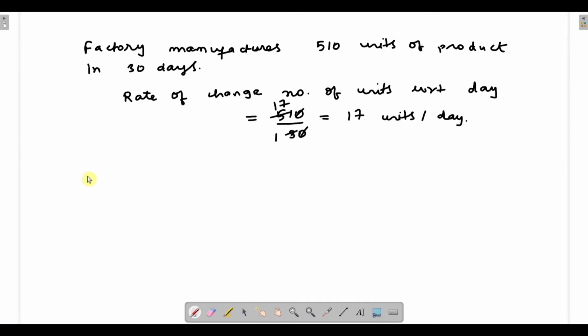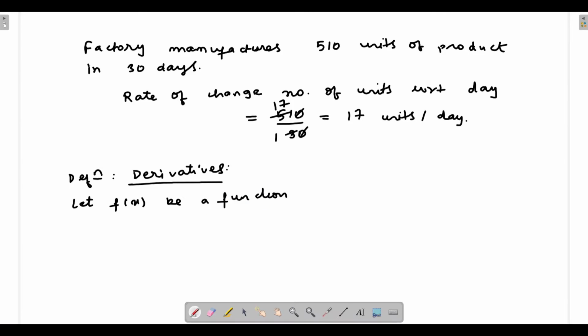Now let us look at the formal definition. Okay, so definition of derivatives. Suppose you have a function, let f(x) be a function. Then the derivative of f(x) with respect to x, right?